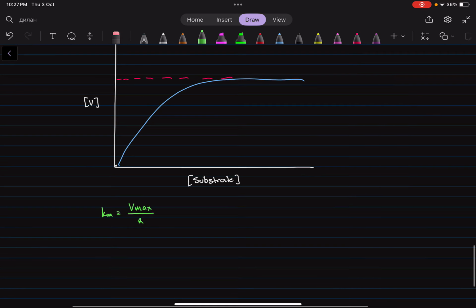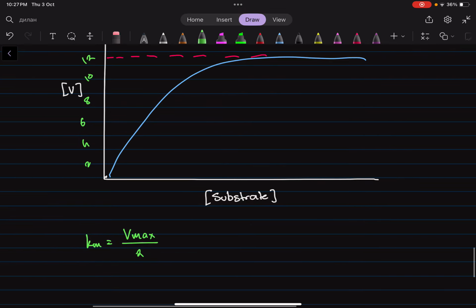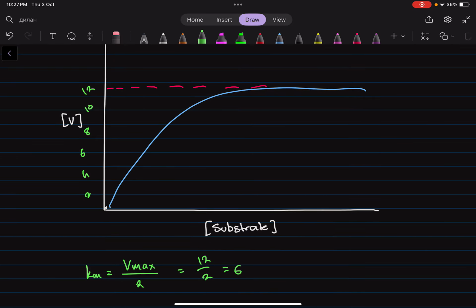So in this case, let's say this is 2, 4, 6, 8, 10, 12 or something like that. Vmax over 2 would be 12, 6, right? So then we go to 6, and that is right here.